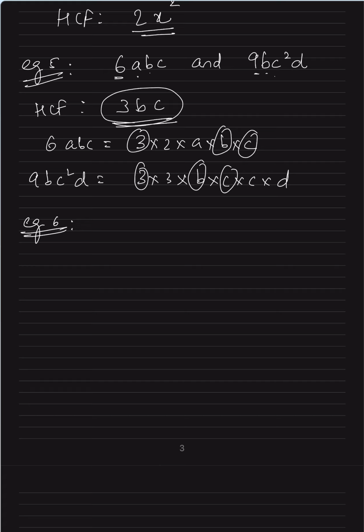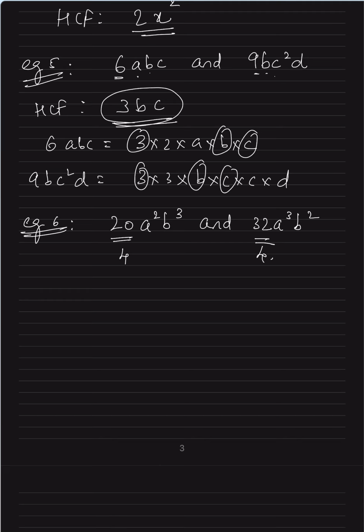If I say 20a square b cube and 32a cube b square. Now 20 and 32 both we can get in table of 2, but you need to factorize it till the prime factor form. But the easiest way, I can say both are present in table of 4 also.